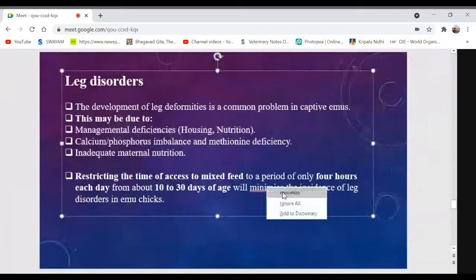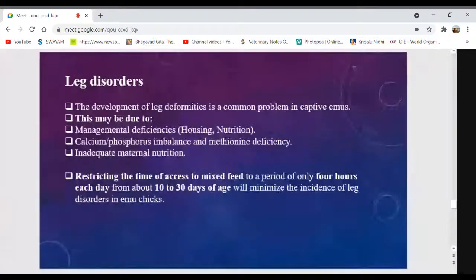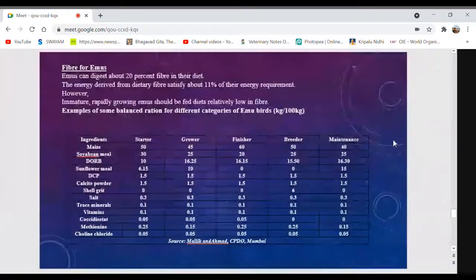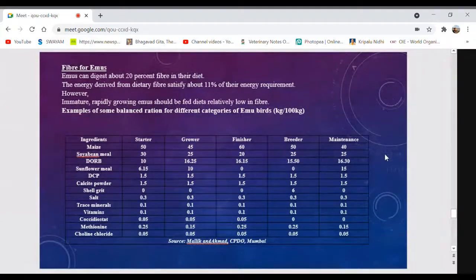Then fiber, these things are there. Emus can digest about 20% fiber in their diet because they are foragers. They can consume vegetables, grasses, everything, and therefore they have the ability to digest more fiber than other poultry species.